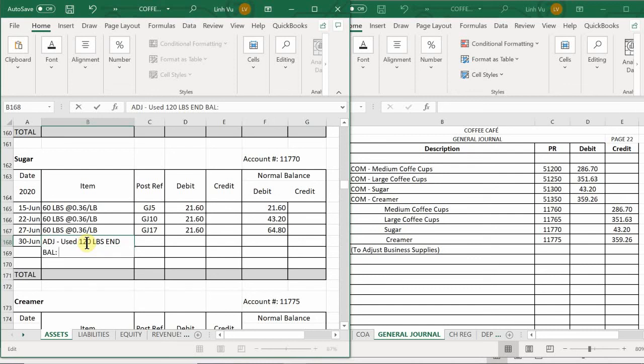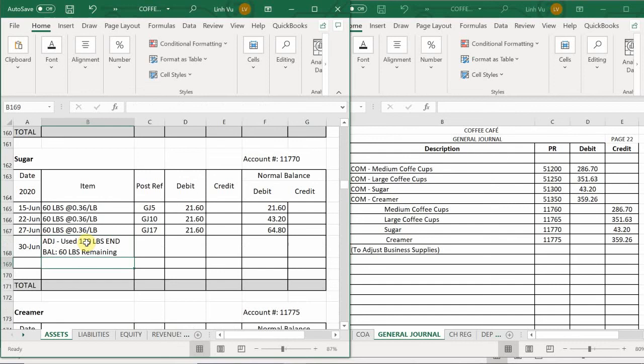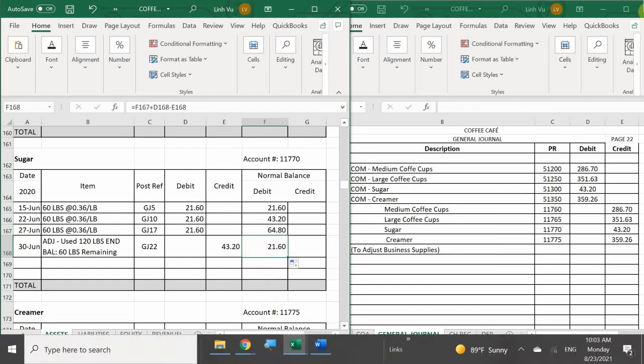So let's see, 60 plus 60 plus 60 gives you 180. If I used 120 pounds, how many pounds should I have remaining? 60. Yes, 60 pounds remaining. General Journal 22. And we're going to subtract $43.20. Okay, so what is my account balance going to be? 2160. Good.